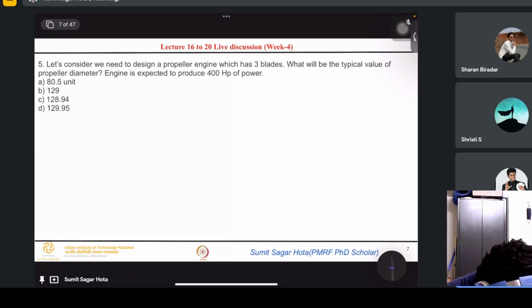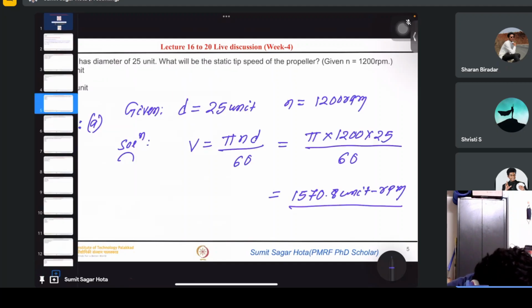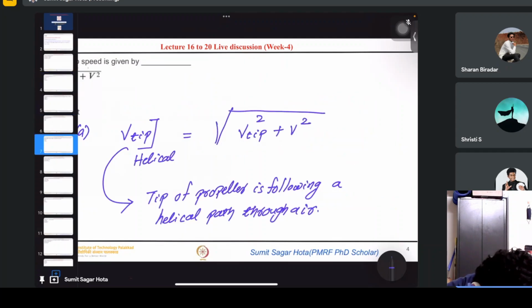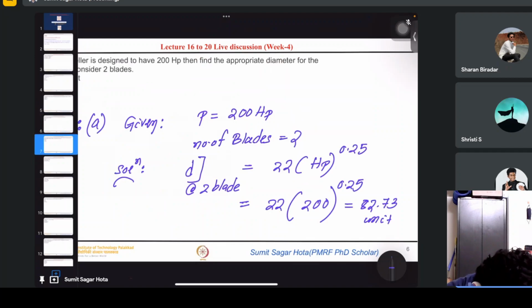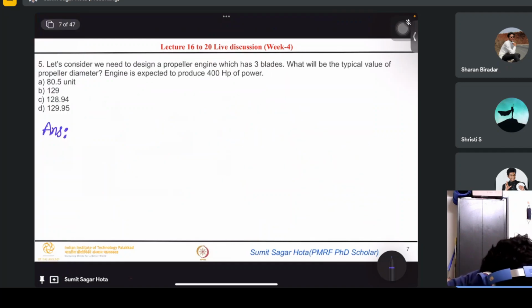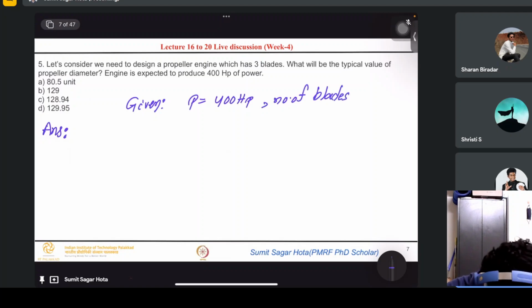What is given: P equal to 400 horsepower, number of blades equal to 3.